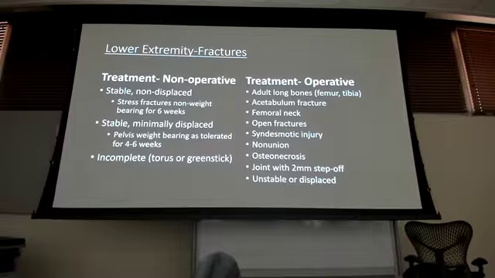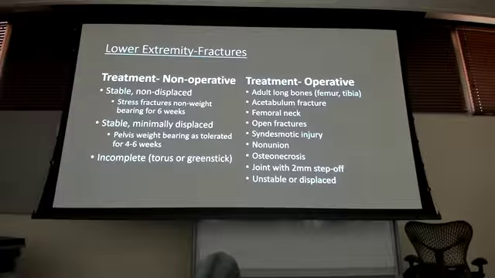And then operative treatment for femur: you can lose a lot of blood in the femur. I think the slides say about 1.5 liters. Sometimes I've heard up to 4 liters can bleed into the upper thigh, but it depends on the patient's size, body habitus, things like that.